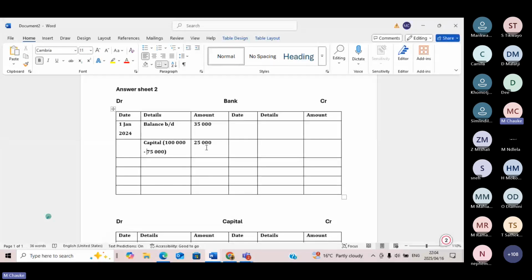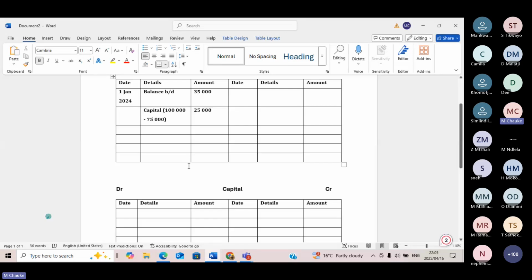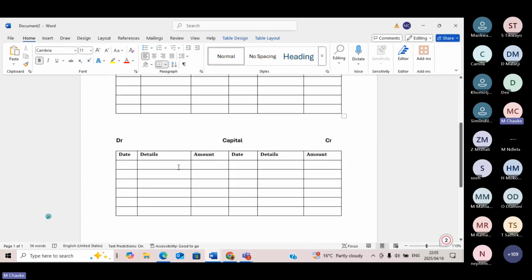And then you go to your capital. When you go to a capital, you apply what we call a double entry system or duality principle. Are you with me? Duality principle. So remember, capital is an owner's equity account and increases on the credit side. So the date there is going to be 1 January, just write it like this.